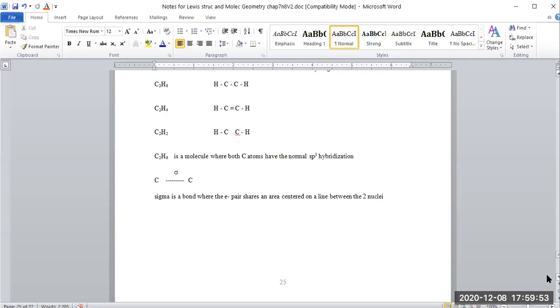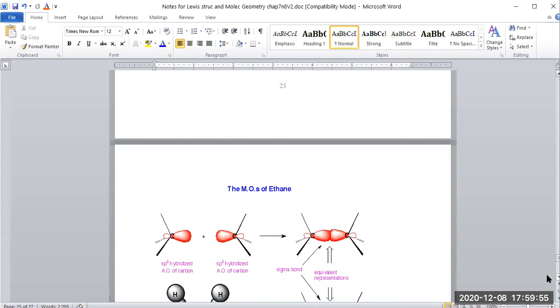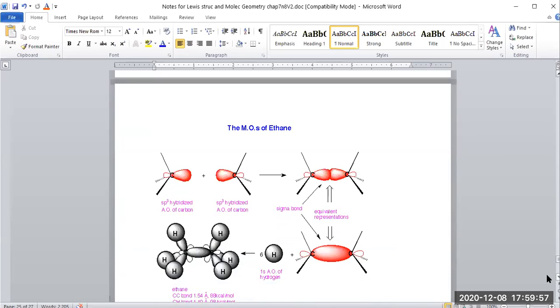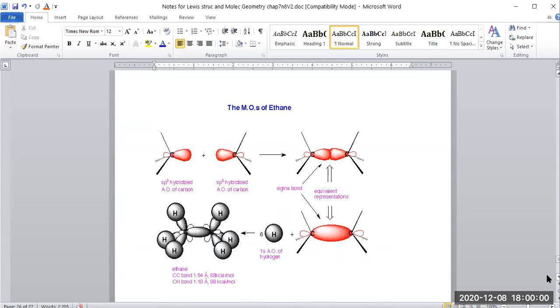What if you had that double bond situation? That'll give you something different. So here's another look at the whole idea of the single bond.